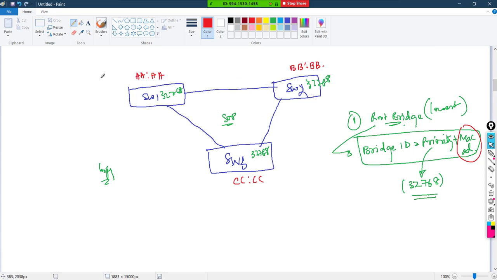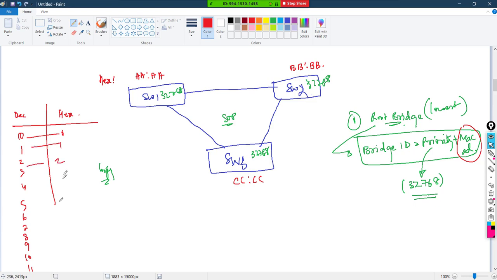These are in hexadecimal format, so let me tell you what hexa is versus decimal notation. In decimal we have 1 2 3 4 5 6 7 8 9 10 11 12 and so on. The equivalent hexa is 0 1 2 till 9, which is the same. Later on 10 becomes A, then B, C, D, E, and so on.